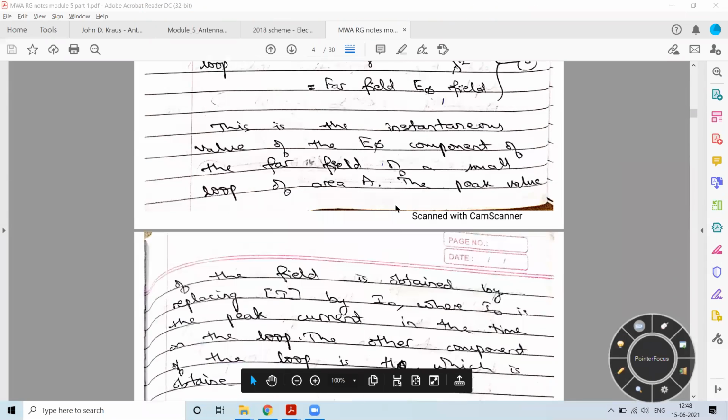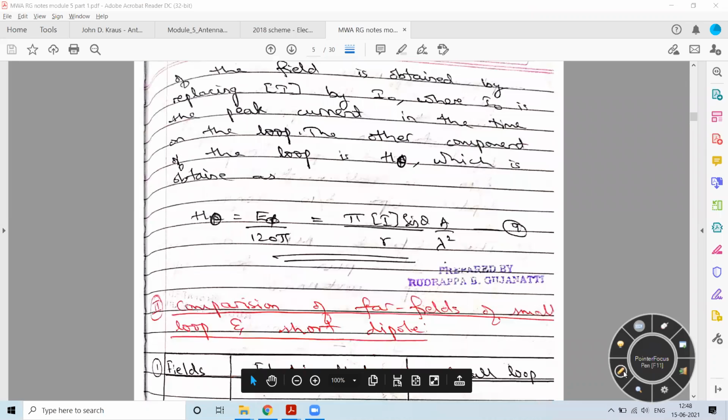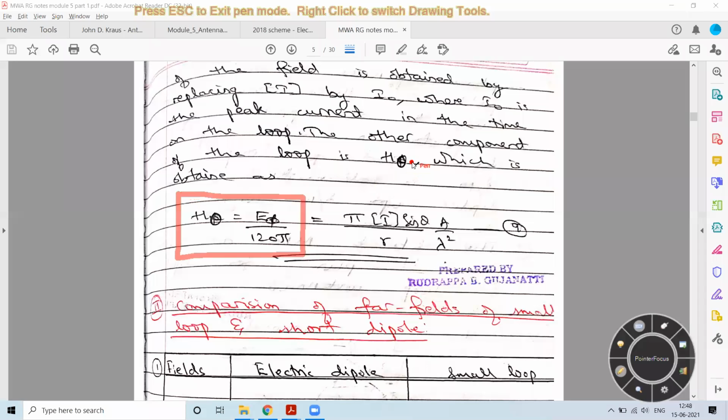Once we obtain this parameter, we can obtain the other field parameter, which is the magnetic field. We had seen that in this case we have E phi component and H theta component in the far field. So we can equate this to 120 ohm, which is the intrinsic impedance of free space. Therefore H theta is equal to E phi divided by 120 pi.